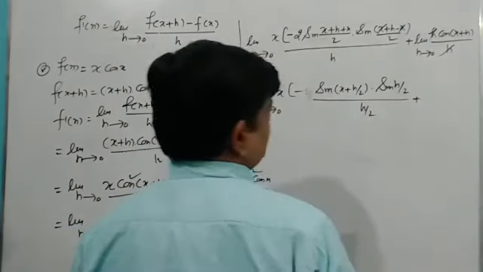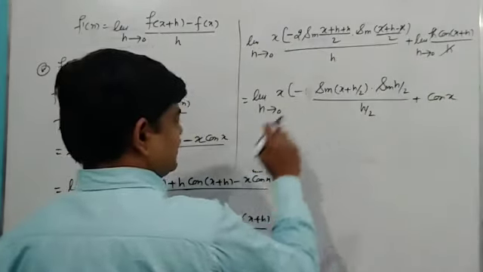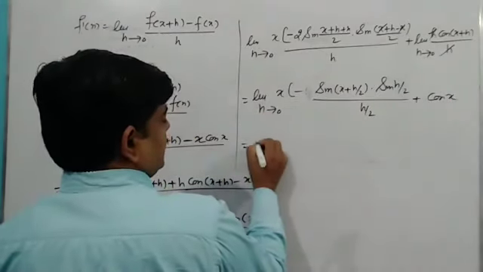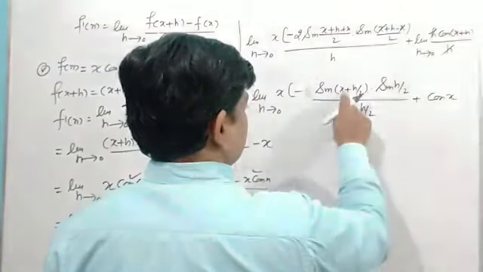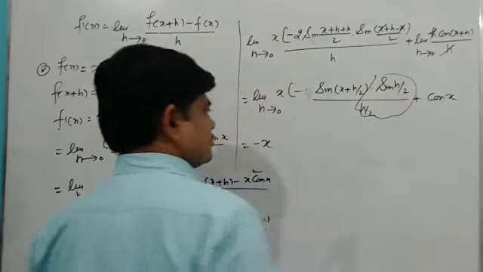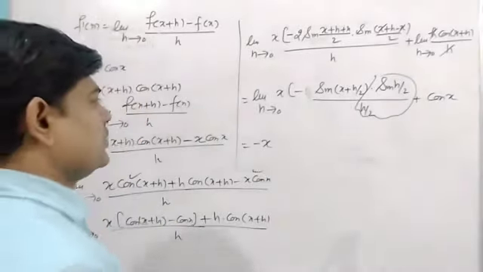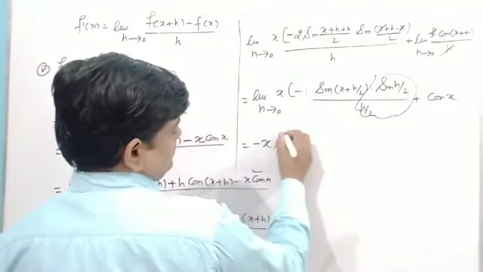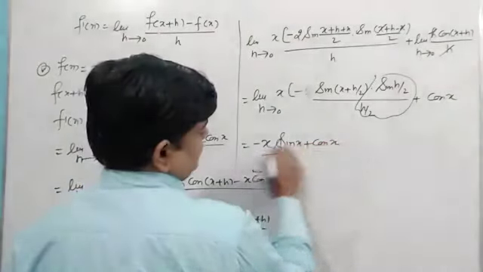When I put h equal to 0, simply I will get cos x. Here also it can be divided into two parts: minus, when I put h equal to 0, that will be sin x. But the limit of sin(h/2) upon h/2 will be 1. So I now have minus x sin x plus cos x. This is the result.